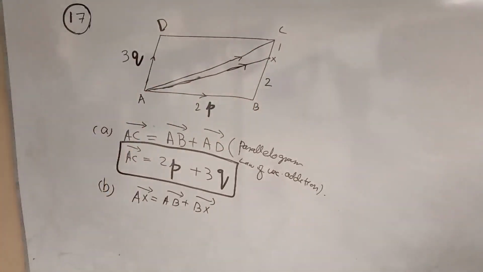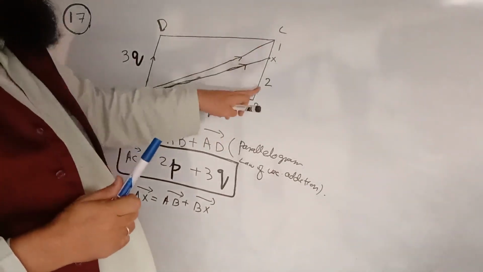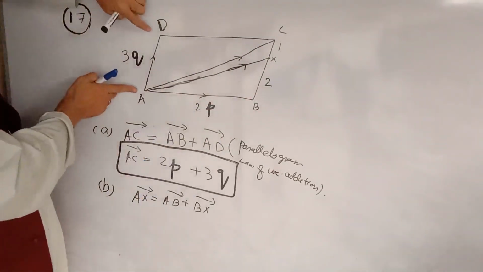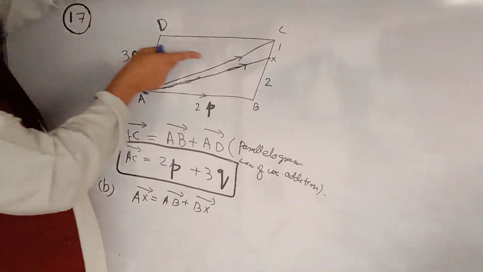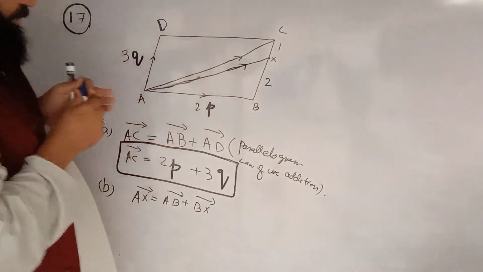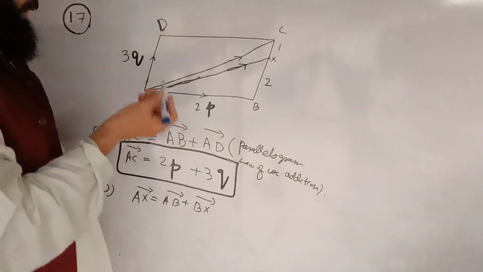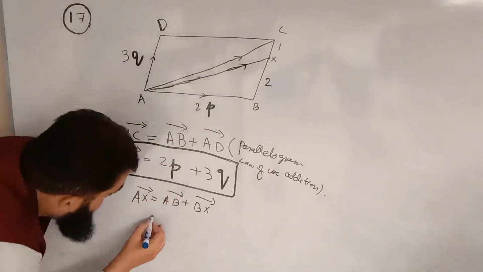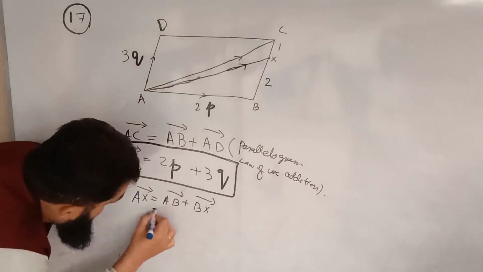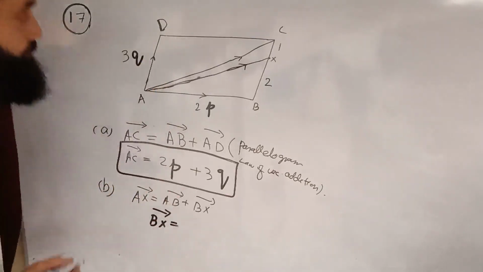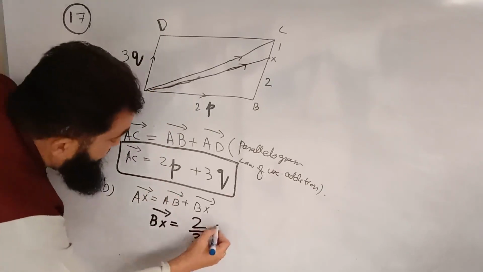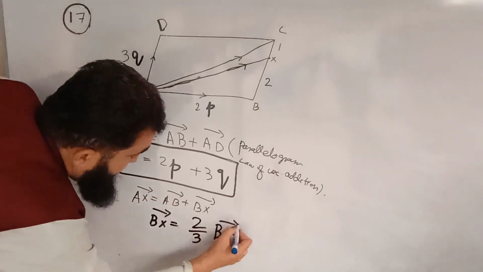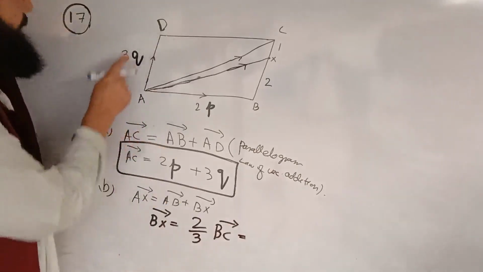Now, what is BX? BX is 2/3 of BC, and this is a parallelogram. If it is a parallelogram, then the AD vector will be equal to the BC vector. So BX here is equal to 2/3 of BC, but BC is equal to AD.